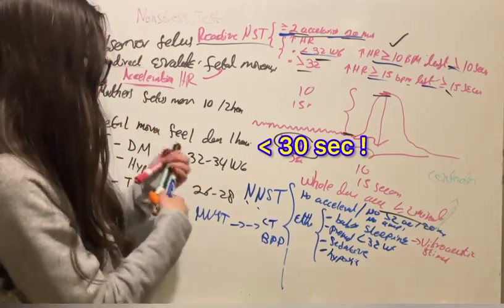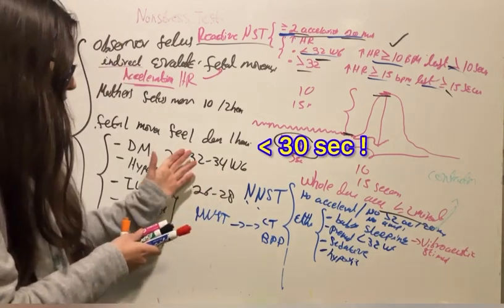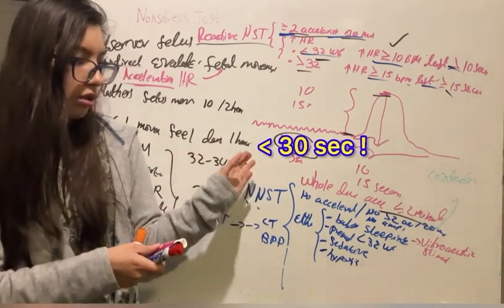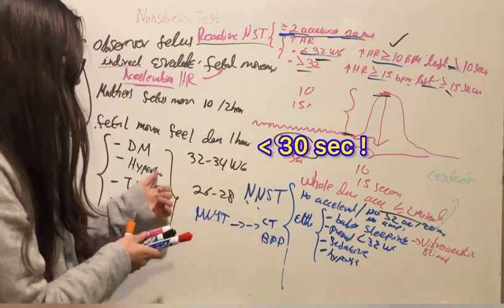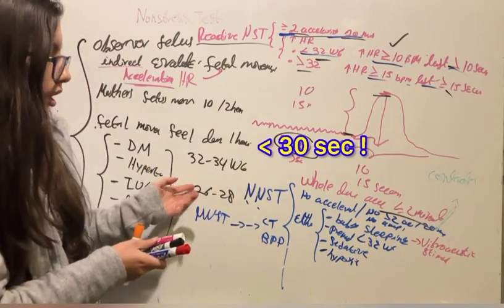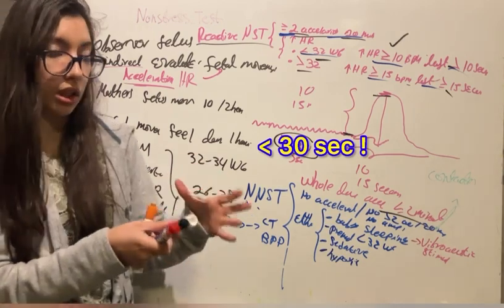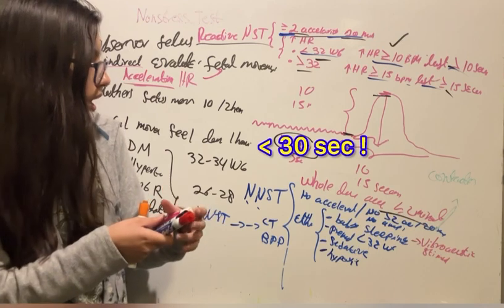And remember that non-stress test is done basically in women with high risk for fetal demise, which is diabetes mellitus, hypertension, post-date, and that the fetus has intrauterine growth restriction.